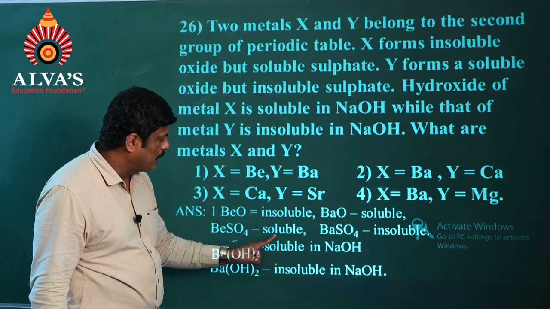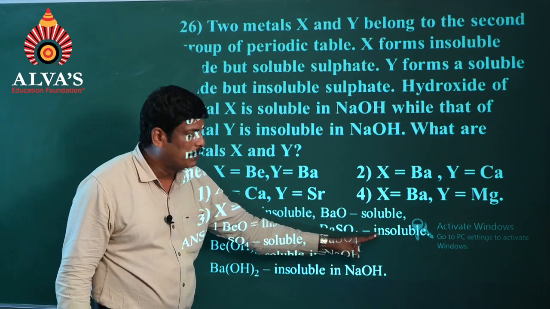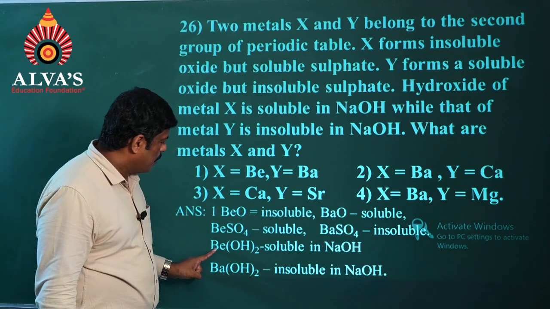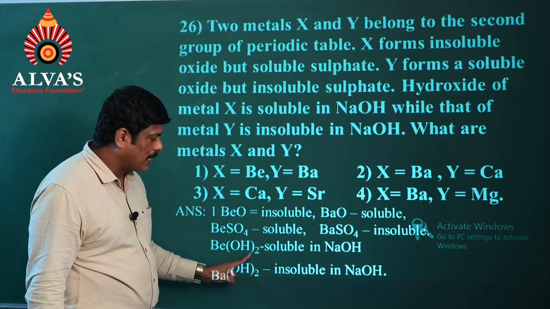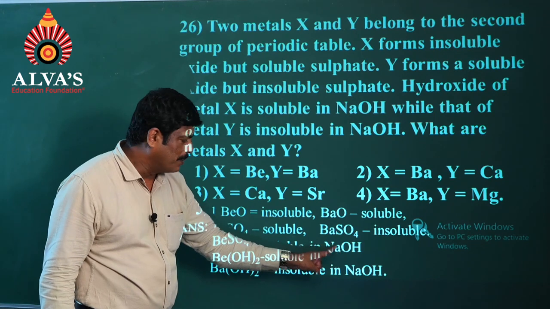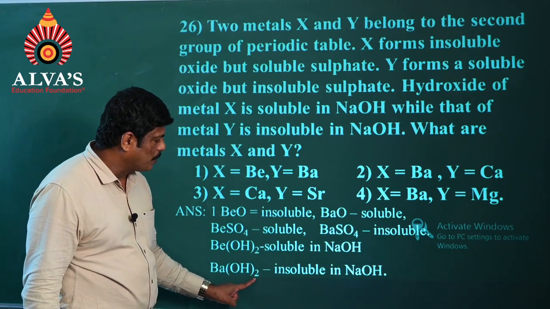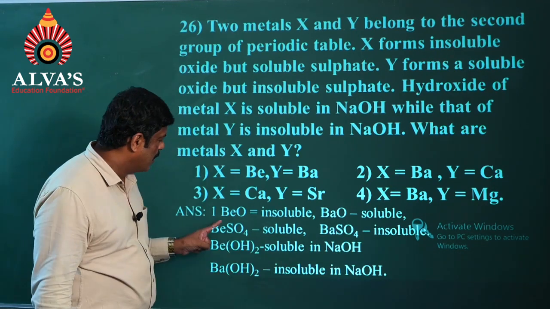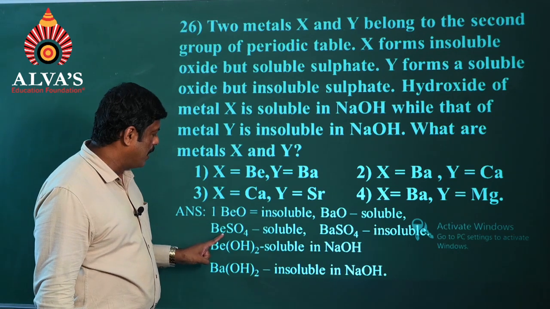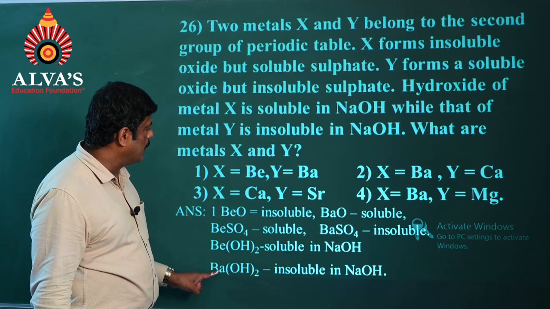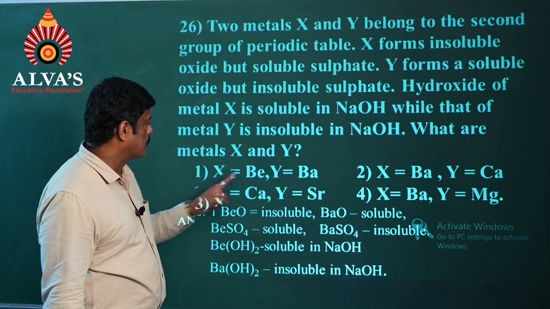BeSO4, beryllium sulphate, is soluble, whereas BaSO4 is insoluble in water. Be(OH)2, beryllium hydroxide, is soluble in sodium hydroxide, but Ba(OH)2 is insoluble in sodium hydroxide. Then X must be Be and Y must be Ba, which means the option must be the first one.